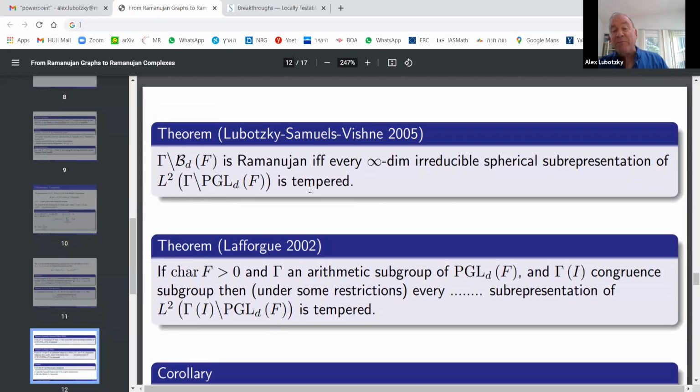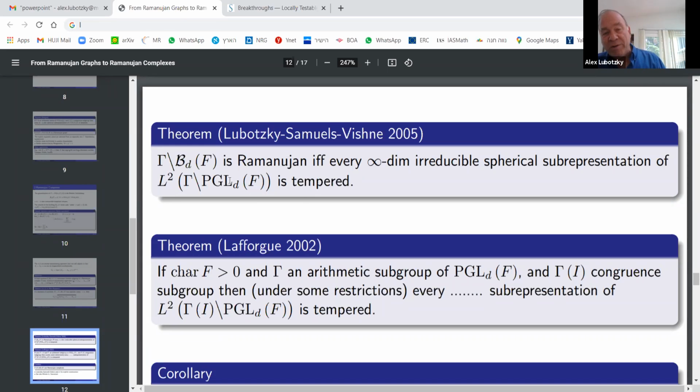Exactly the same statement as before. But of course, this theorem is correct. We made the definition of Ramanujan so that this theorem will be correct, exactly to understand what is the combinatorial meaning of such a result, that these representations are tempered.